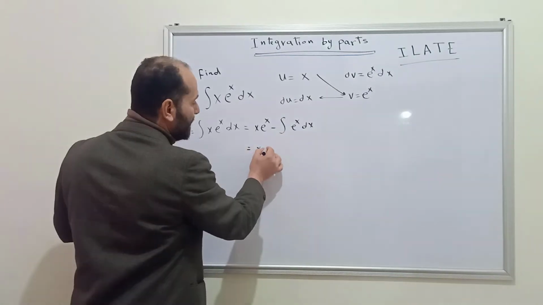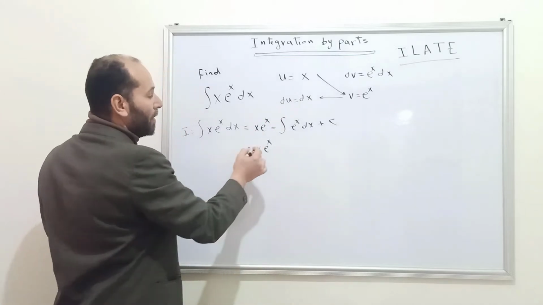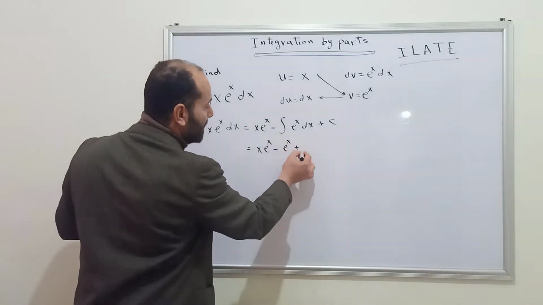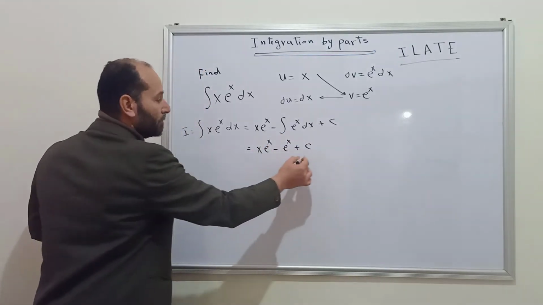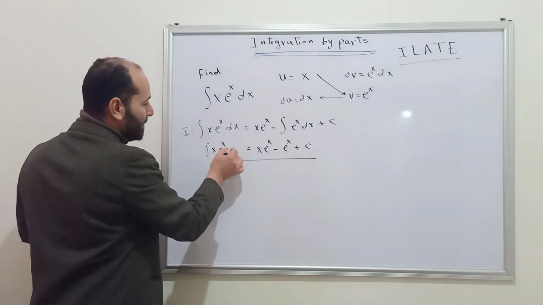This equals x e power x minus e power x plus c. This is the integration of x e power x dx.